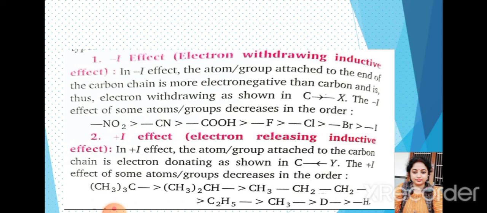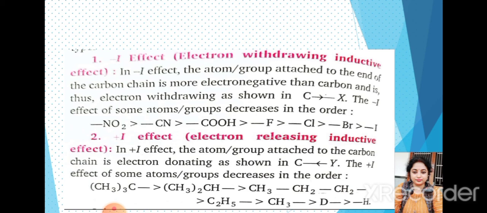What is minus I effect? In minus I effect, the atom or group attached to the end of the carbon chain is more electronegative than carbon and is thus electron withdrawing. It means it is taking the electron from the carbon, so it is an electron withdrawing group. And this is termed the minus I effect.